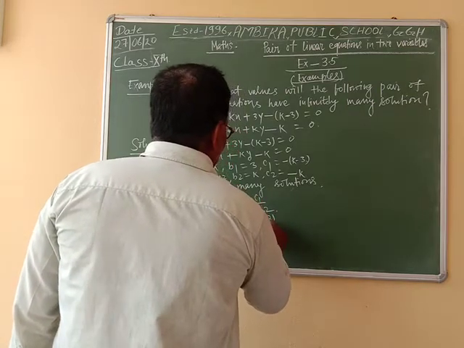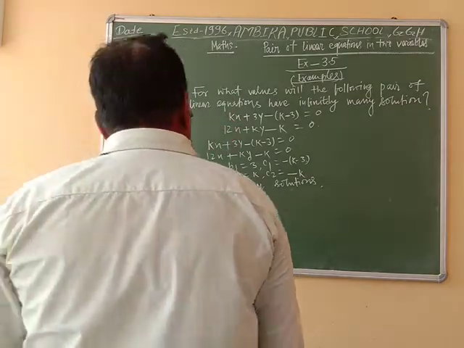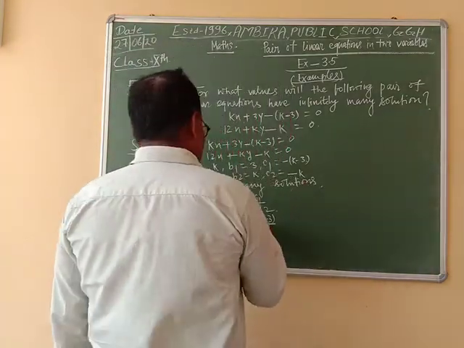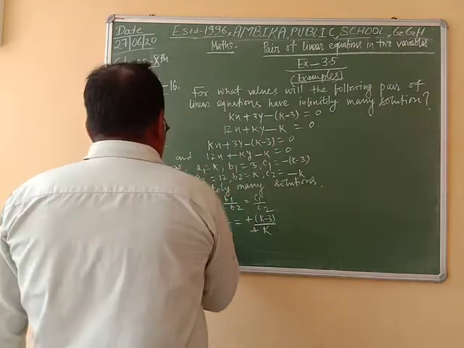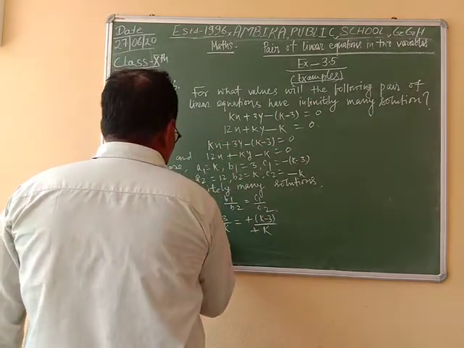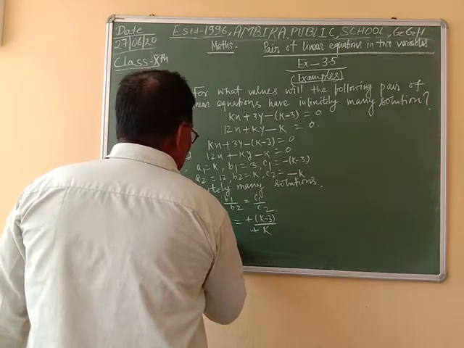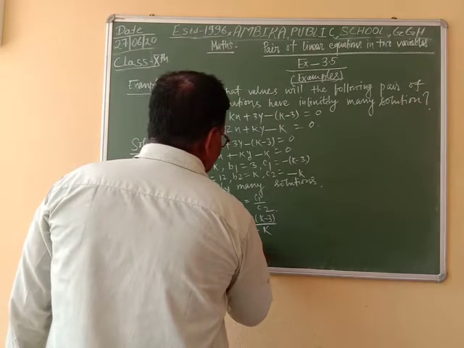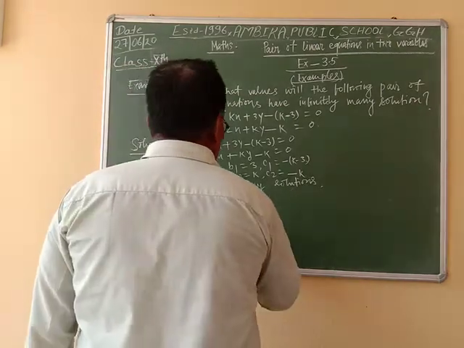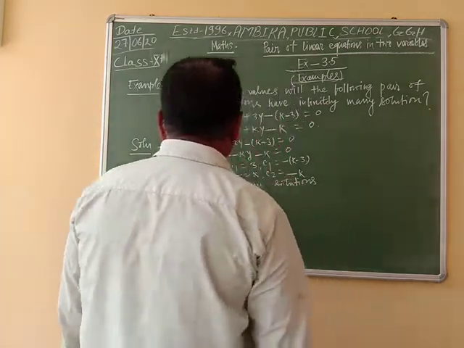Here both signs in numerator and denominator are same, so we cancel it. So k by 12 is equal to 3 by k is equal to k minus 3 by k.